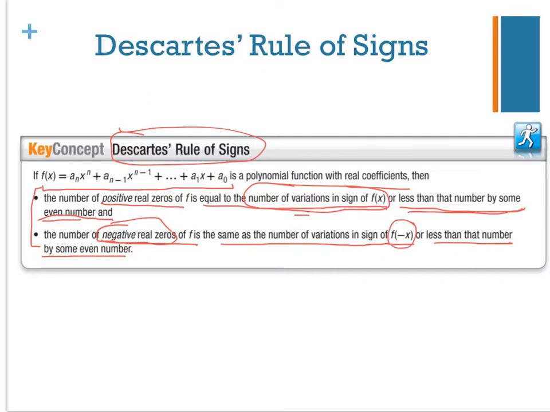Not f of x, but f of negative x. And I always remember that because we're finding the negative real zeros. So we're going to substitute negative x into the function, simplify, and then count the number of sign changes, which we count as the number of variations in sign, and it could be equal to that or less than that by some even number.